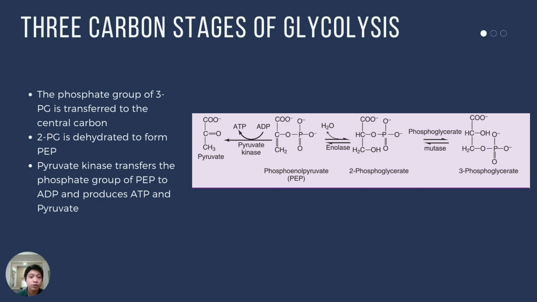This phosphoenol pyruvate has a free phosphate group in the middle, and therefore this free phosphate group will be taken up again by adenosine diphosphate, releasing lots of energy and captured into adenosine triphosphate, another substrate level phosphorylation, forming pyruvate.